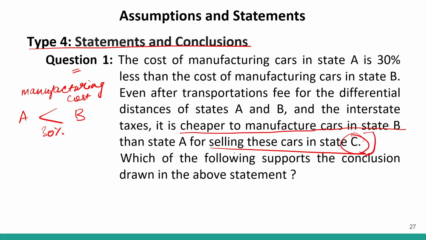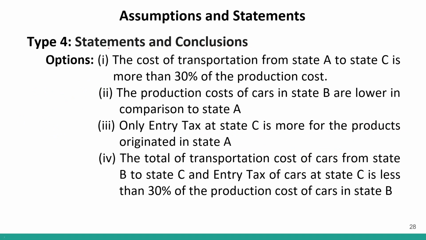So we have to identify which supports the conclusion drawn in the above statements. Option number 1 says the cost of transportation from state A to state C is more than 30% of the production cost. If transportation cost is more in state A, will it make us look for alternatives?